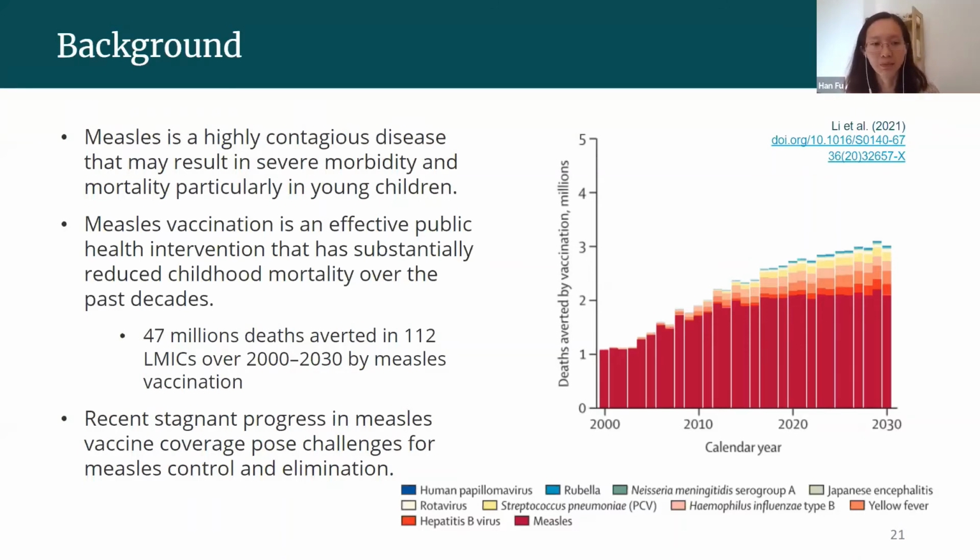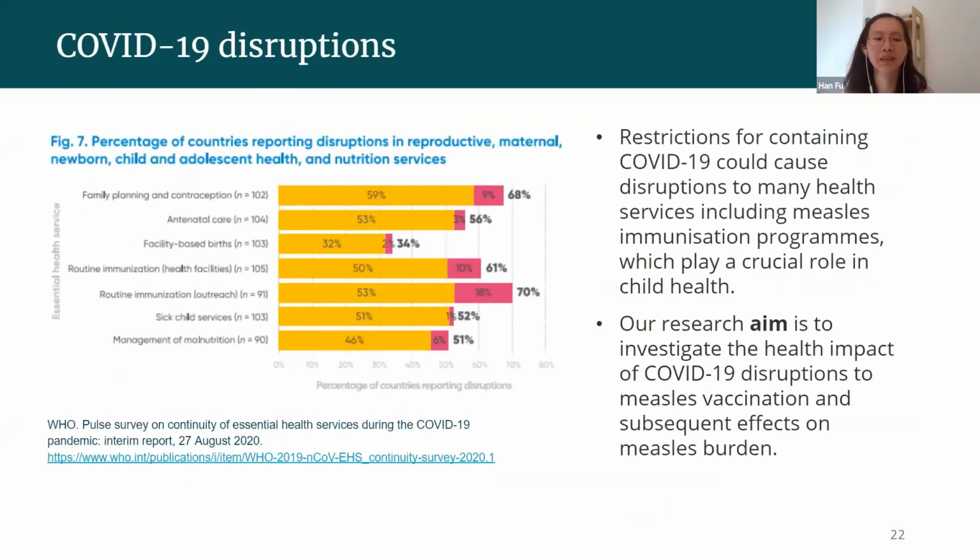Recent stagnant progress in measles vaccine coverage poses challenges for measles control and elimination, and the COVID-19 related disruption to health services adds even more challenges. In a previous survey by the WHO, many countries reported disruptions to their routine immunization programs, and this includes measles vaccinations.